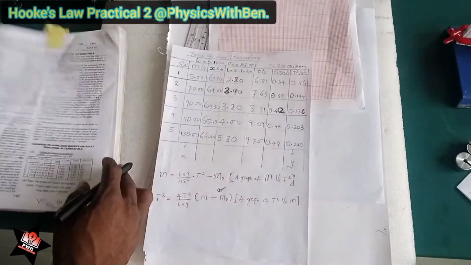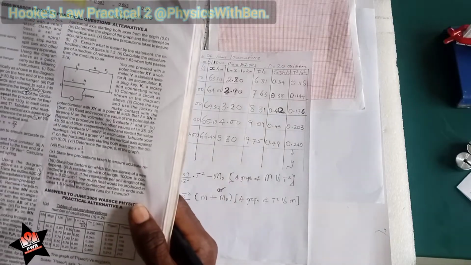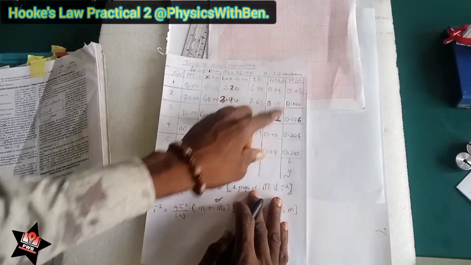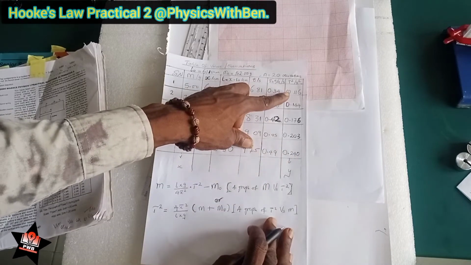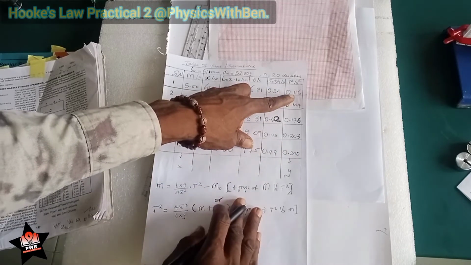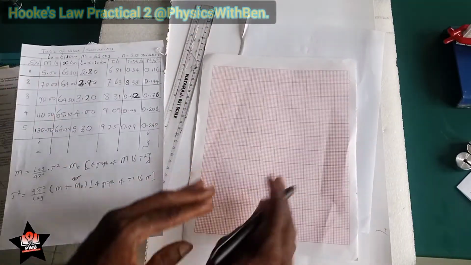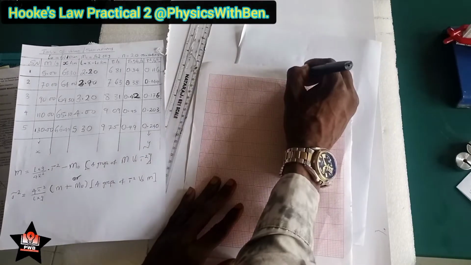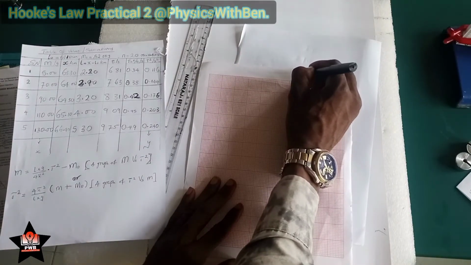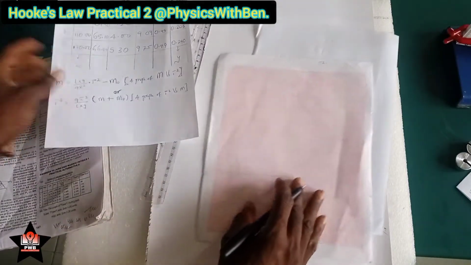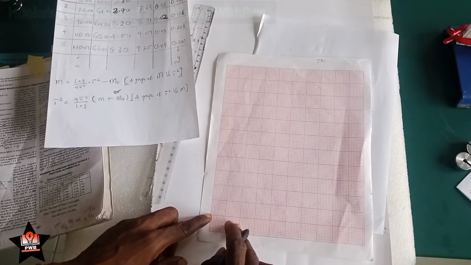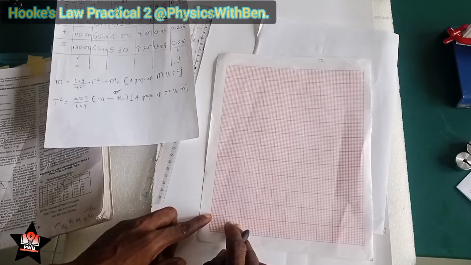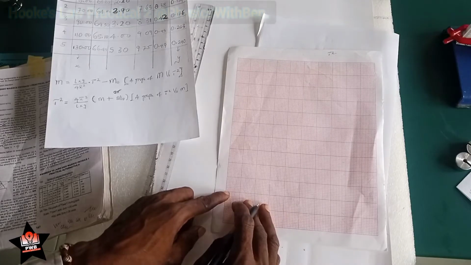For the T squared on the vertical, the highest value here is 0.24, and the lowest value here is 0.116. So we are going to choose a scale.